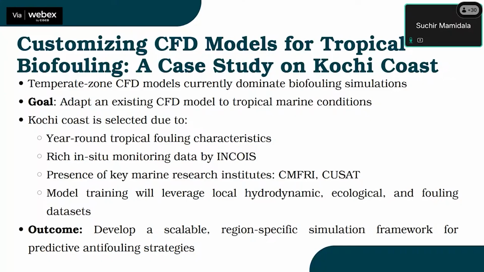The Kochi coast is chosen as the pilot location due to continuous monitoring by the Indian National Center for Ocean Information Services and also the support from nearby regional marine institutes like CMFRI, which is the Central Marine Fisheries Research Institute, enabling robust data collection and validation. The aim is to retrain and recalibrate the existing model using regional data to accurately simulate tropical fouling dynamics.